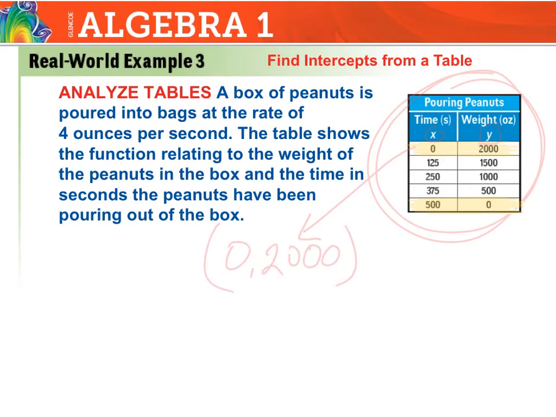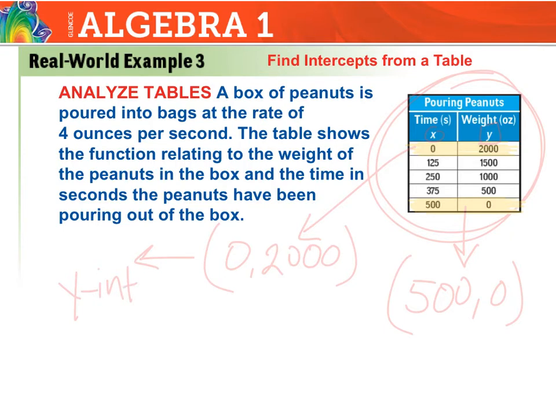All right, where does that fall? Which intercept, which axis does that go through? This point down here is 500, 0. Okay, so again, this one right here is going to be our y-intercept.